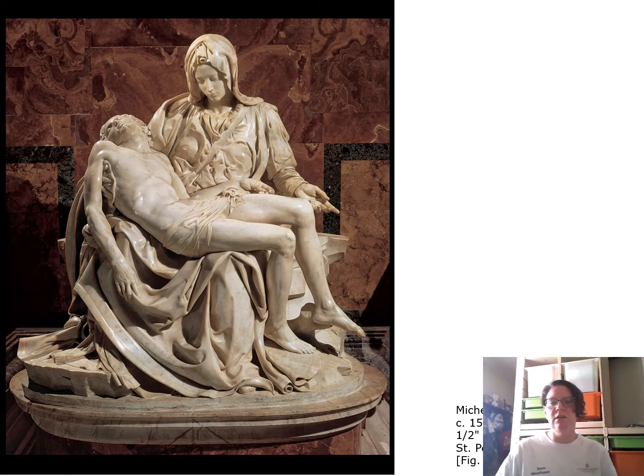The intimacy of the scene comes from Mary's peaceful, bowed down head and Jesus's limp body that's not being shown in emotion or anguish. The Northern Renaissance Pietas tend to be very gruesome. They tend to be bloody and full of sorrow and deep emotion. But Michelangelo creates a scene that is serene and quiet and still.